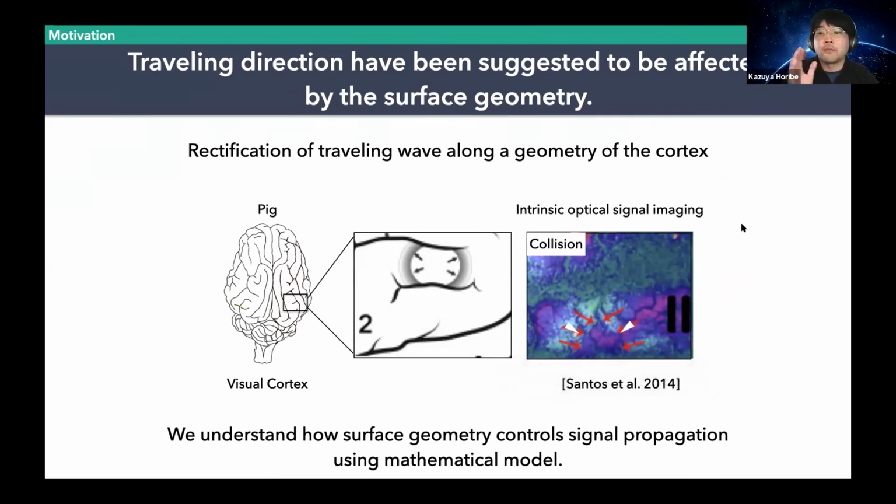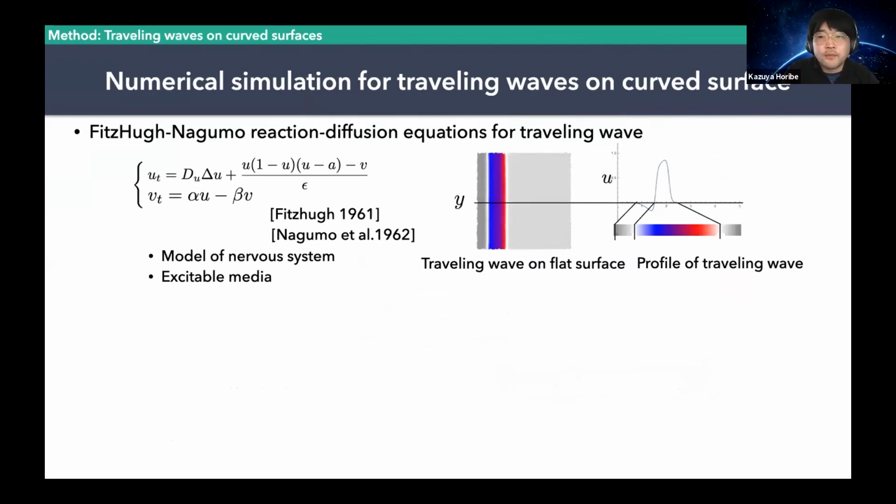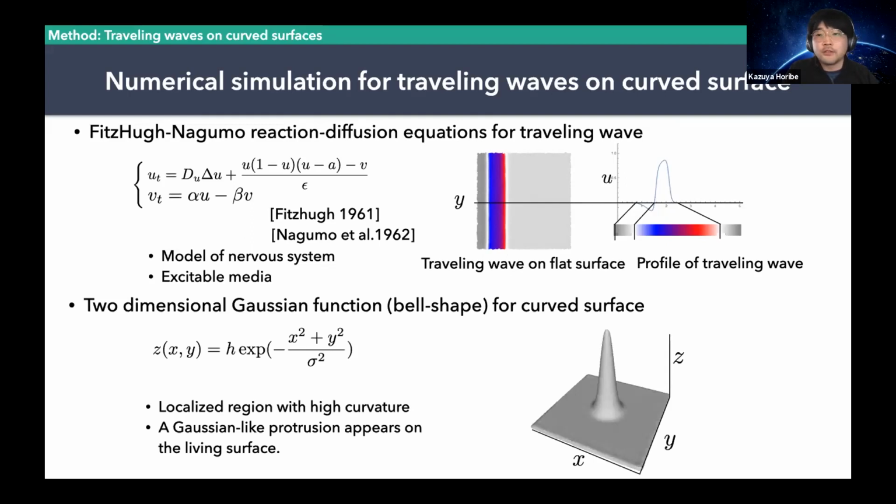The mathematical model is set up here. We use a very famous neural activity model, FitzHugh-Nagumo. We use the traveling wave solution, and we set a very simple geometry, like a two-dimensional Gaussian function.